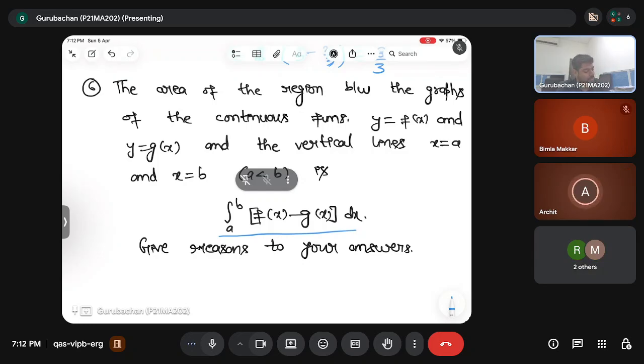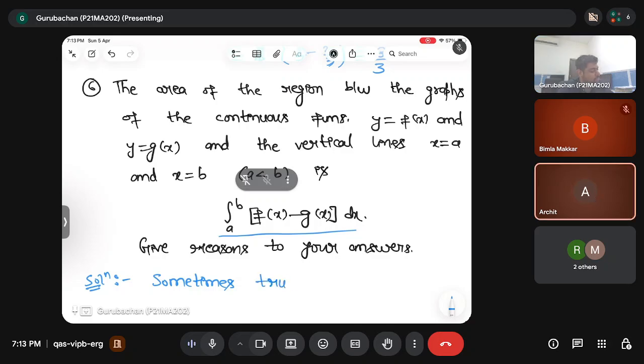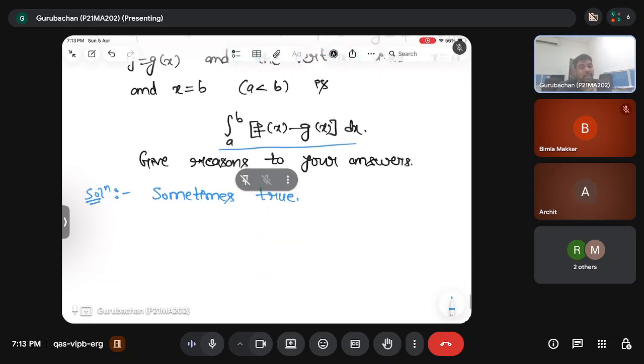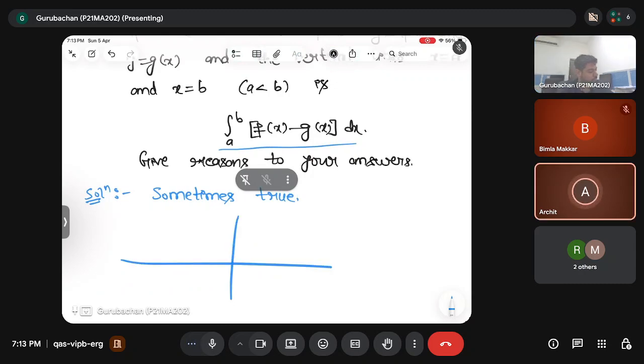Is it true or false? Sometimes true. In which scenario is it not true? Sir, in the scenario when g(x) is the upper curve.